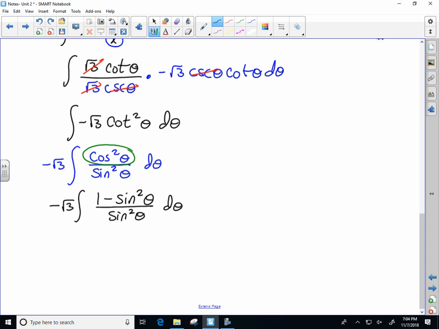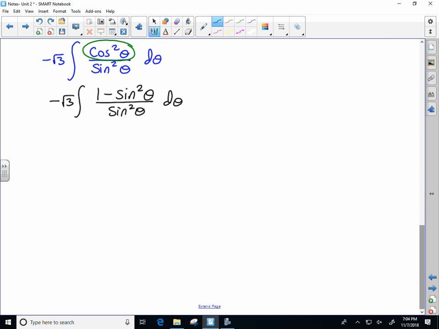All right, so let's pull on this thread here and see where it takes us. Well, we have a minus. Break it up, right? Break it up into two separate fractions, 1 over sine squared minus sine squared over sine squared, which is the same as saying 1. All right. A little bit further.